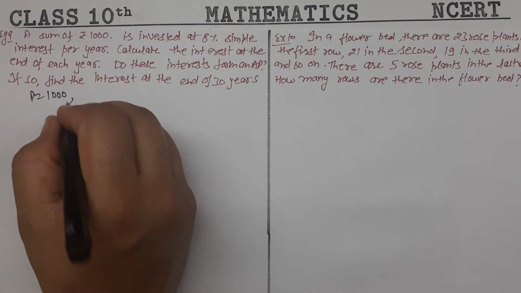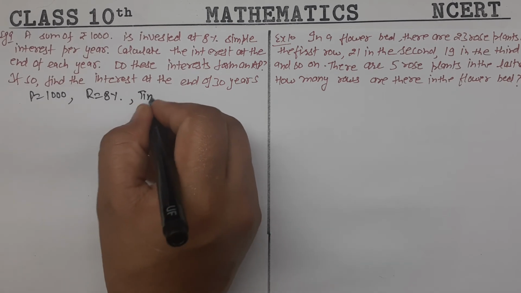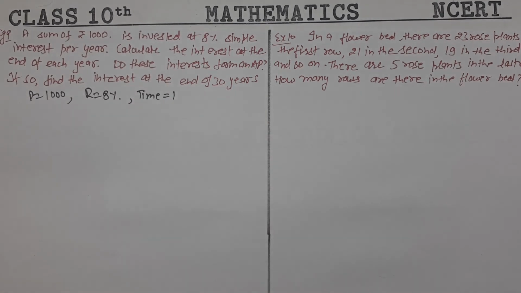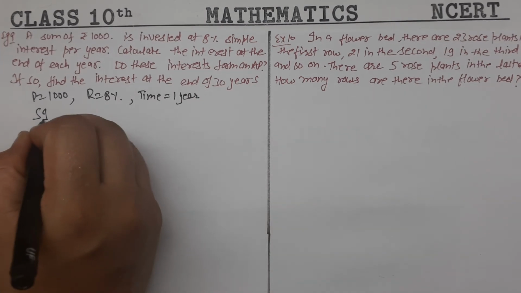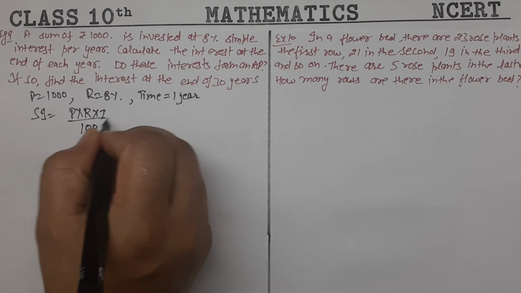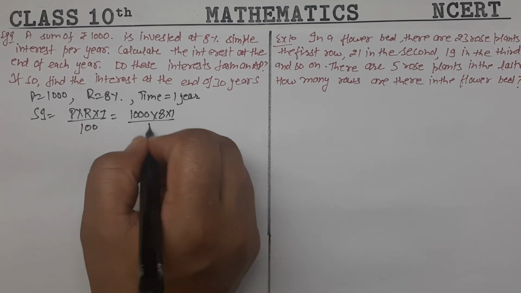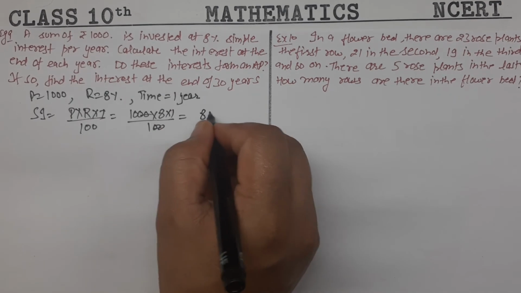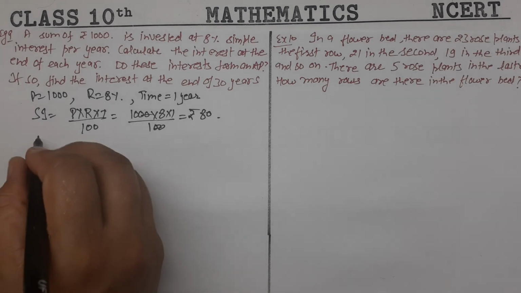Principal 1000, rate 8%, time 1 year. Simple interest formula P into R into time by 100. Putting values, we have rupees 80 interest for 1 year.